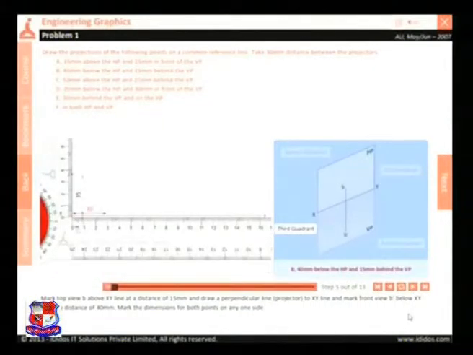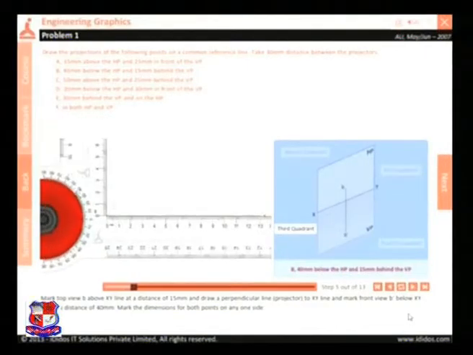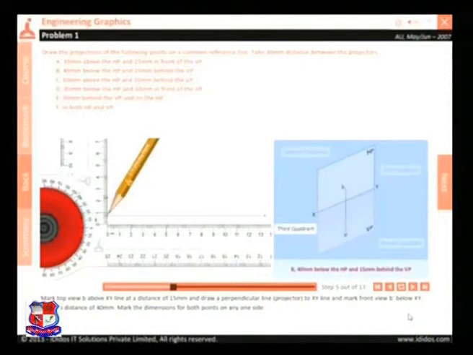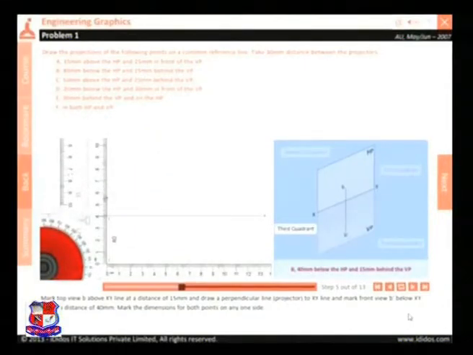Mark top view B above the XY line at a distance of 15 mm and draw a perpendicular projector line to the XY line, and mark front view B' below the XY line at a distance of 40 mm. Mark the dimensions for both points on any one side.